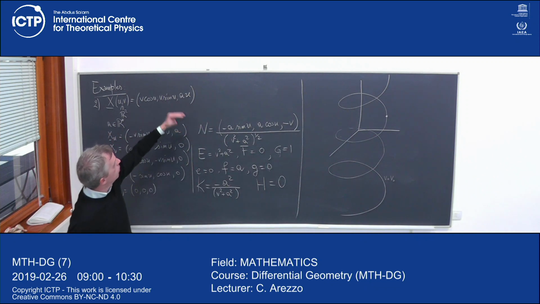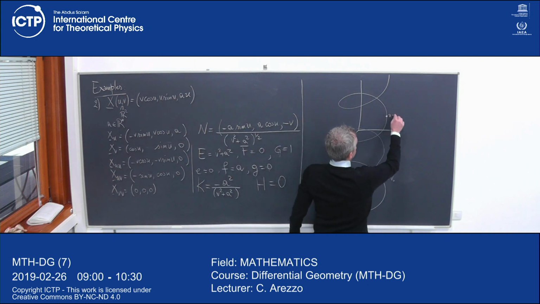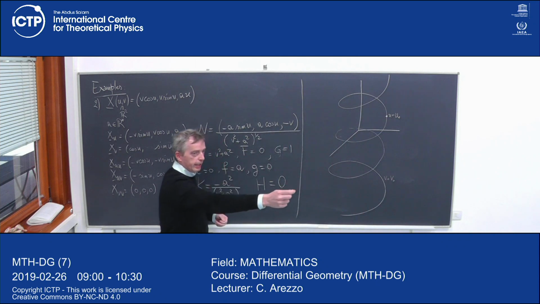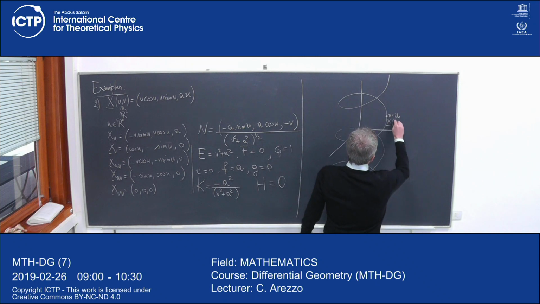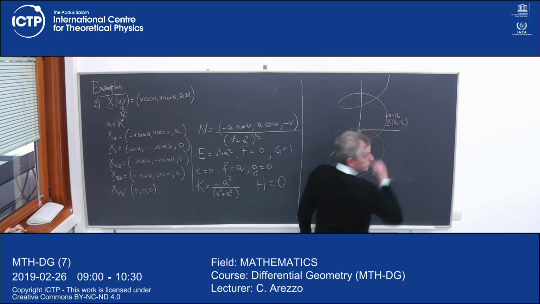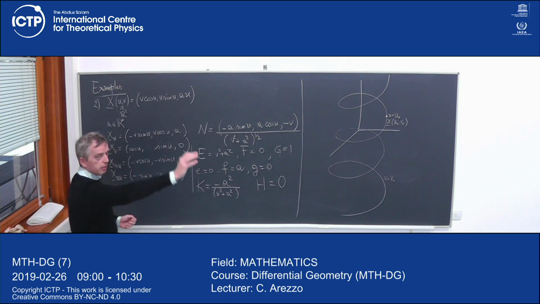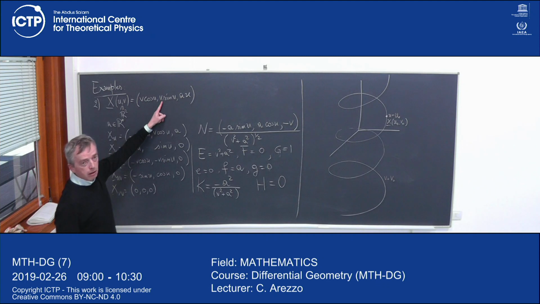Now I pick one point over this helix, so I fix u equal to u naught, and now v starts moving again. This would be the point x of u naught, v naught. Now u naught stays there and v moves. How does it move? Well, linearly.